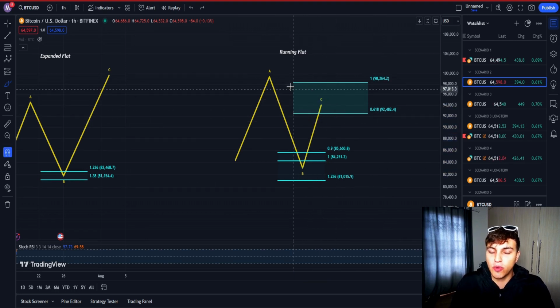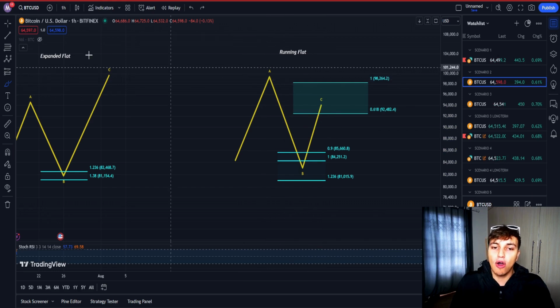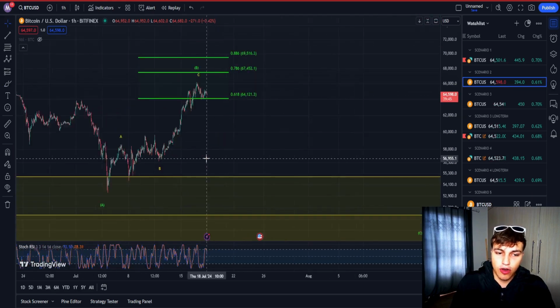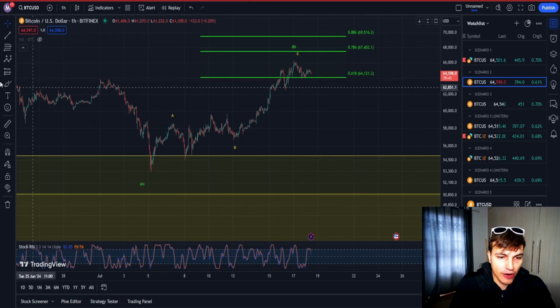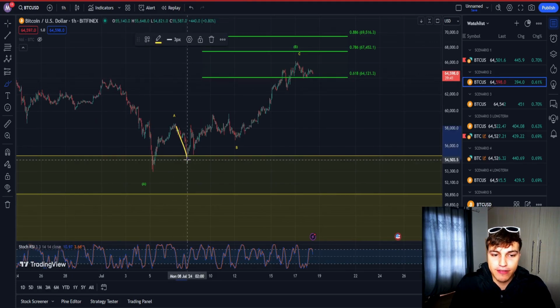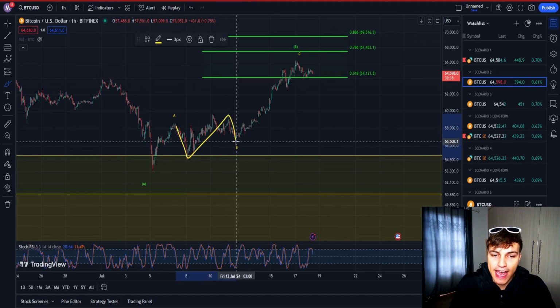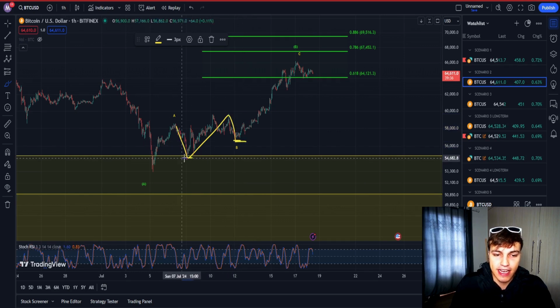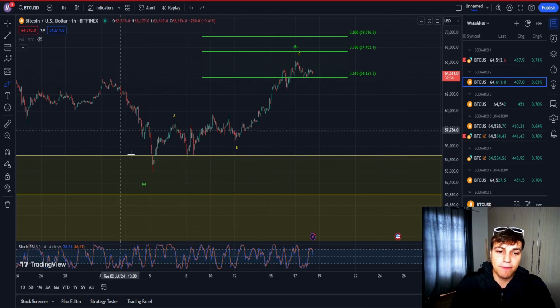Now this means this C wave does not take the high of wave A. So as you can see here on the chart, we have a running flat, an A wave down, a B wave up, and a C wave down, not taking the low of A.